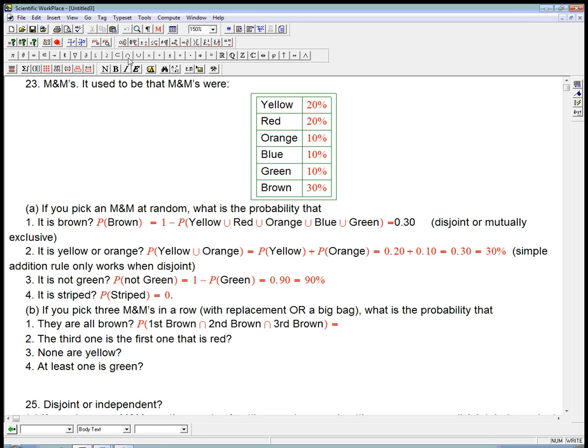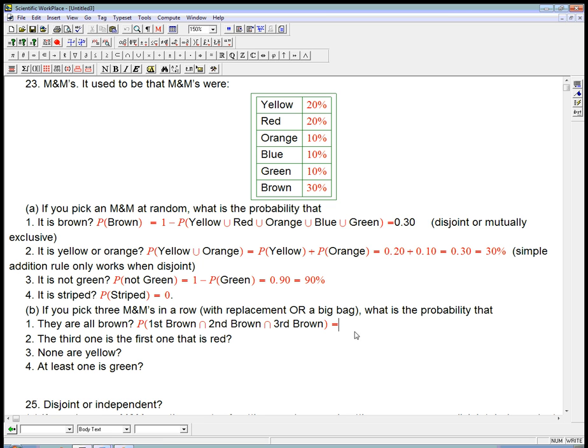When you do it with replacement, or it's a really big bag, that's essentially assuming these are independent events. Just because I got the first one brown doesn't decrease the probability of getting a brown in the next pick. If it's only 10 M&Ms, that's completely wrong. So it's really important that either you replace that brown M&M so the probabilities are not changed, so they are independent, or it's just a really big bag and you're not making a big difference.